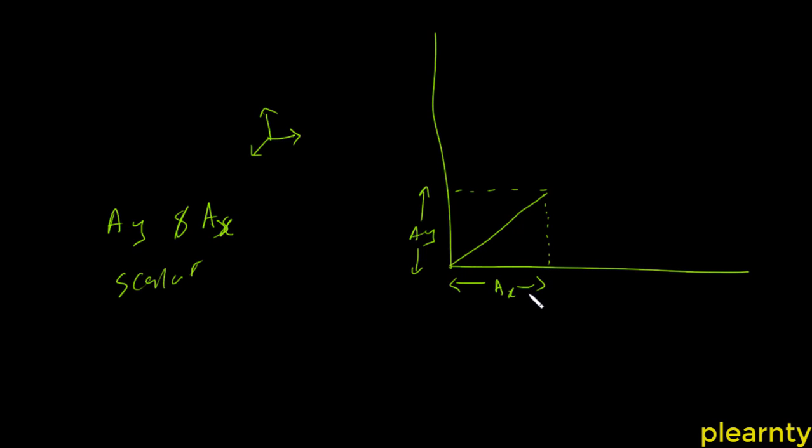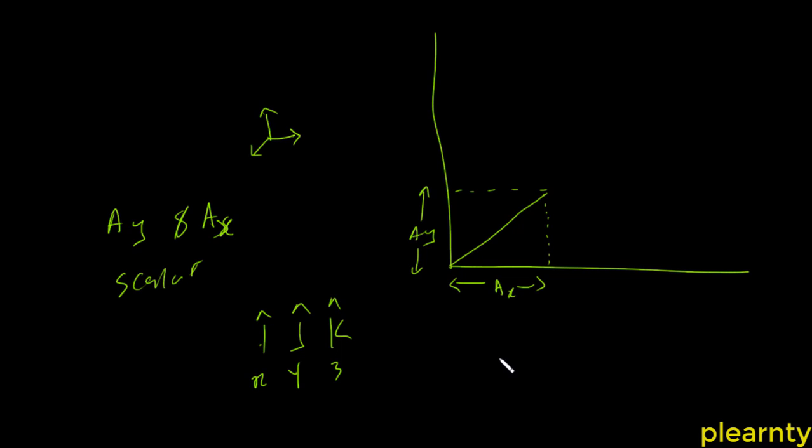But unit vectors are represented with I with a caret sign, J with a caret sign, and K with a caret sign. I pointing towards the positive x-axis, J pointing towards the positive y-axis, and K pointing towards the positive z-axis.